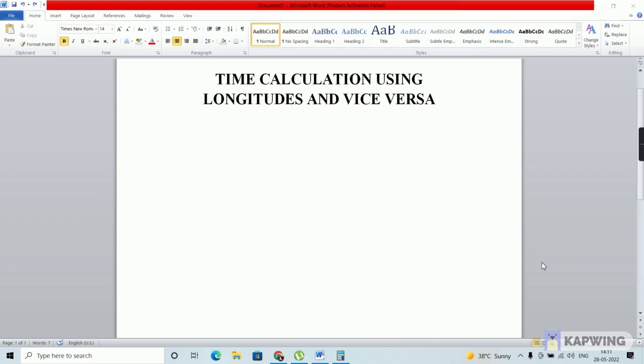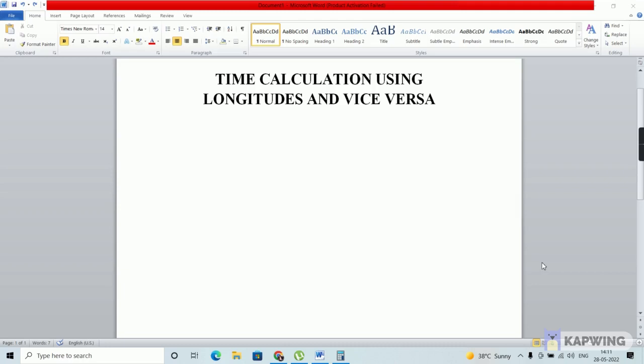As we discussed in our previous video, longitudinal lines are called the meridians, and each meridian acts as a great circle. That is, it has two arms, with one arm being called the meridian and the other called the anti-meridian.